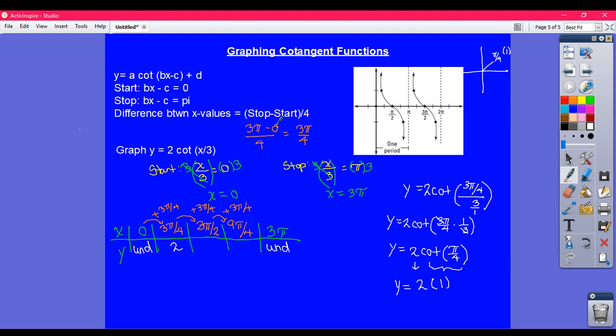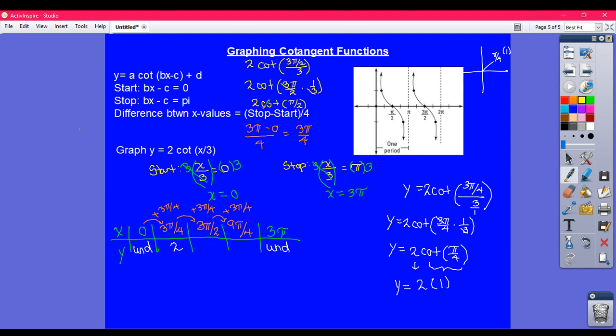And for the next value, I'm going to find a place to work it out first. The next value is 3 pi over 2. So from here, I'm going to take 2 cotangent 3 pi over 2 over 3. So again, the same thing happens where I'm going to do keep, change, flip. The 3's will divide out, giving me 2 cotangent of pi over 2.